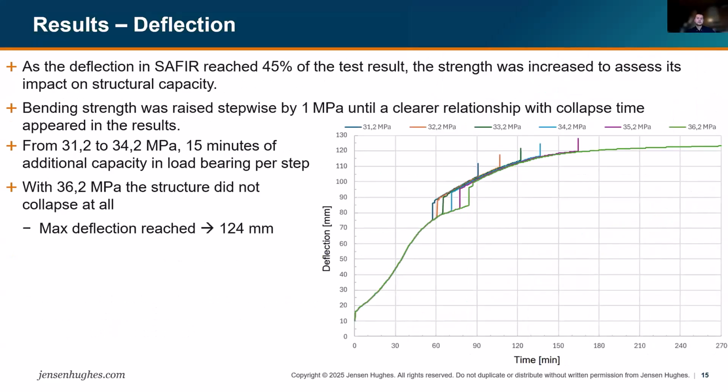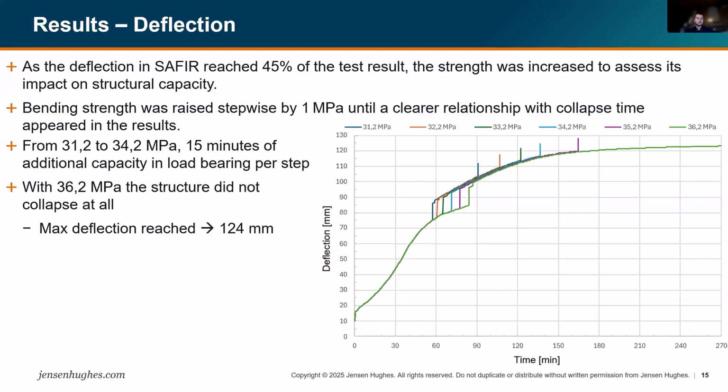So as the deflection in SAFIR reached just 45% of the result from the test, the strength was increased to assess that parameter's impact on the structural capacity. So the bending strength was raised stepwise by 1 megapascal until a clearer relationship with the collapse time appeared.